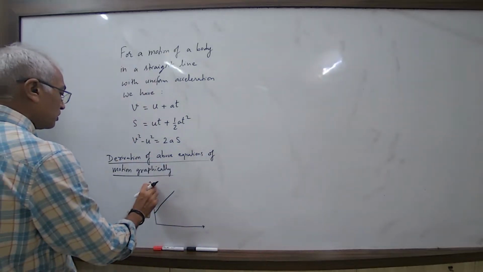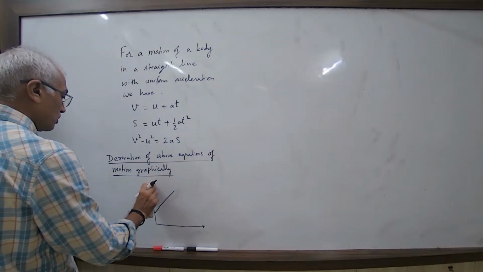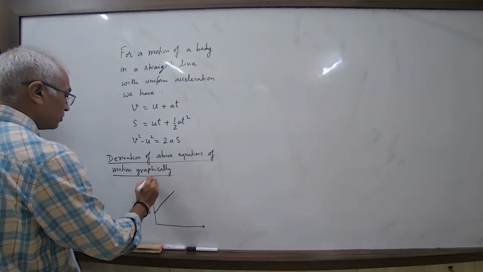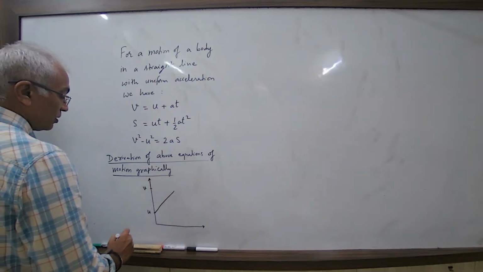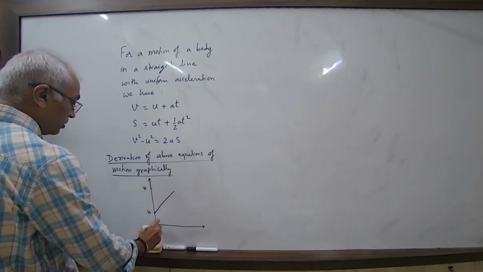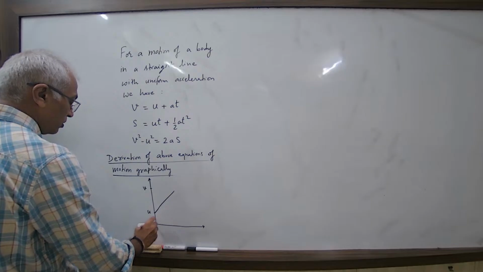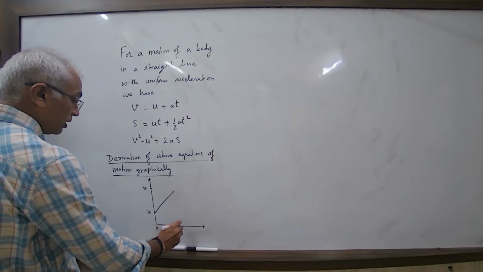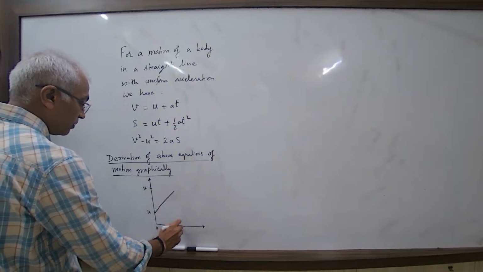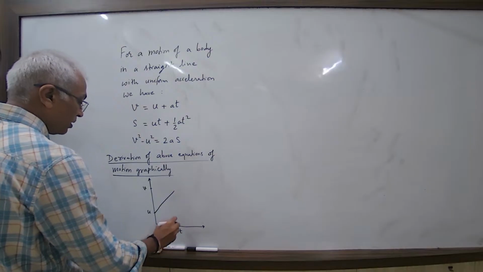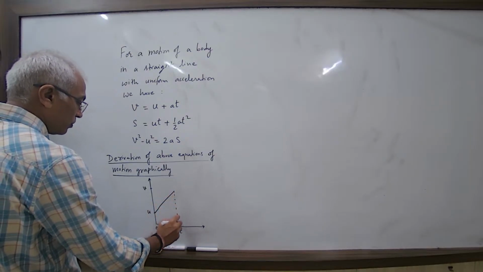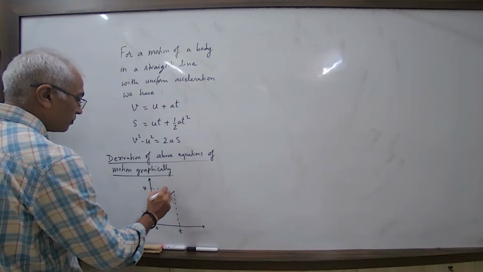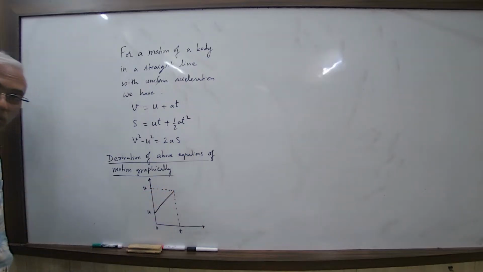Okay? At some later time. So at time t equal to 0, its velocity was u. And at time t equal to t, let's say this is the time t, at that time its velocity became v. Understood?